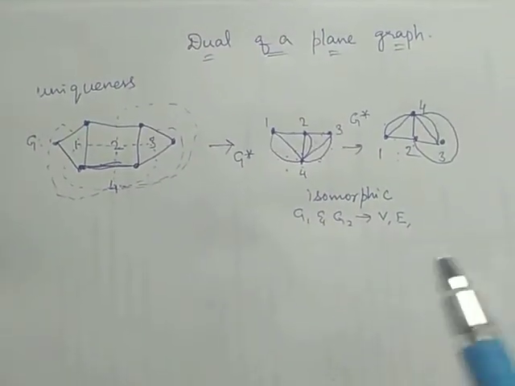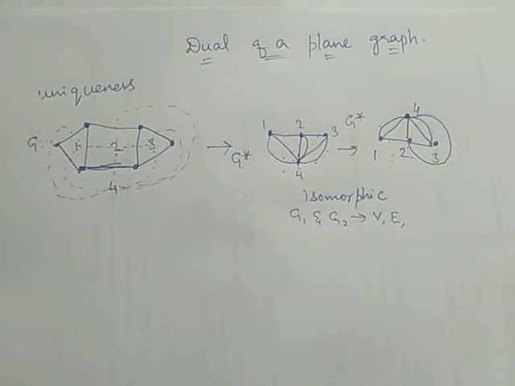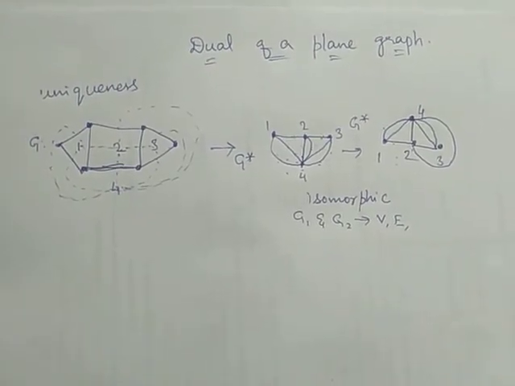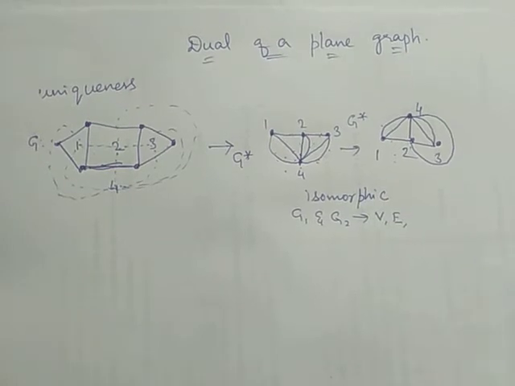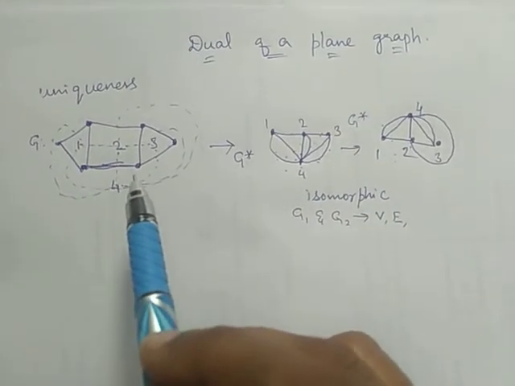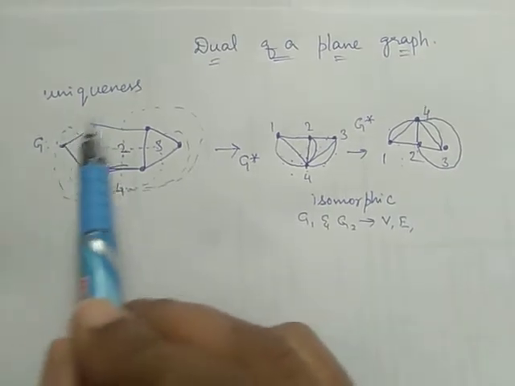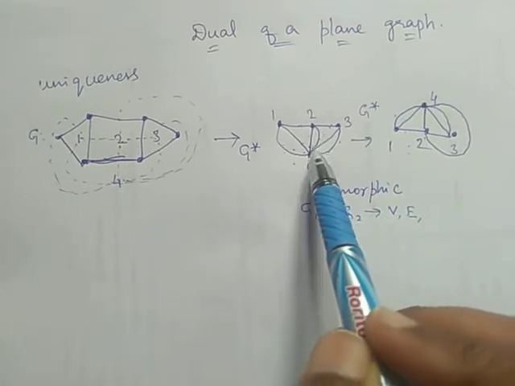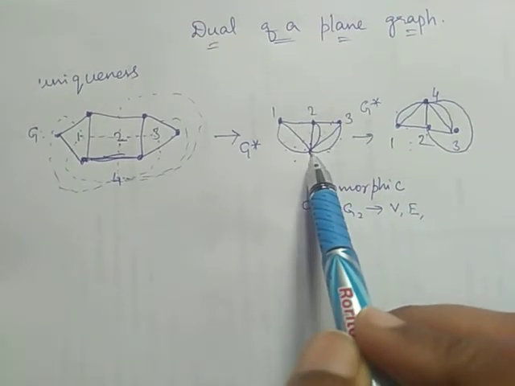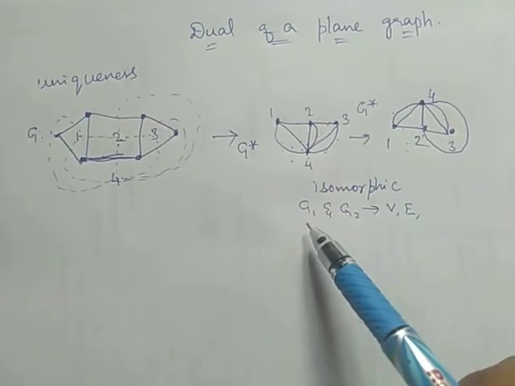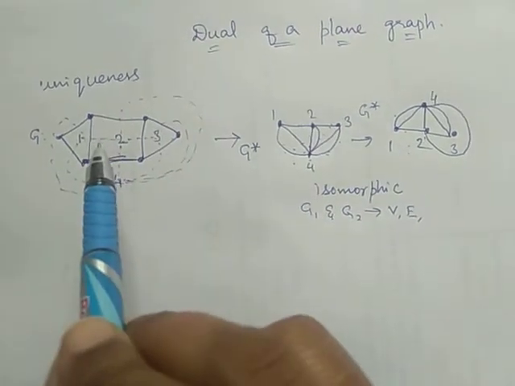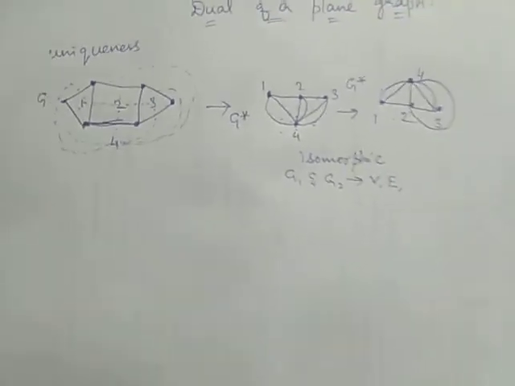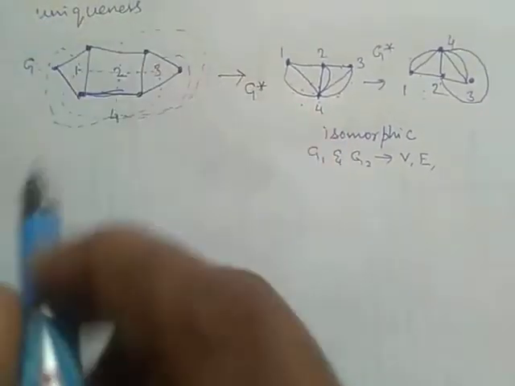All geometric duals of planar graph G are isomorphic graphs, and every graph isomorphic to a geometric dual of G is also a geometric dual of G. So when we find the dual of a graph, that is one of the duals. If we have a graph isomorphic to G star, that isomorphic graph is also a dual of graph G. Suppose we consider another graph which is isomorphic to G itself.